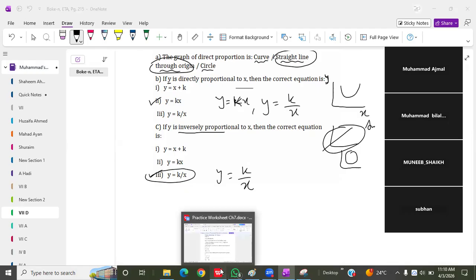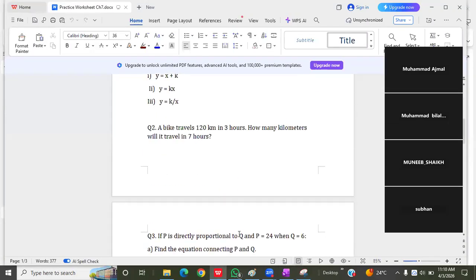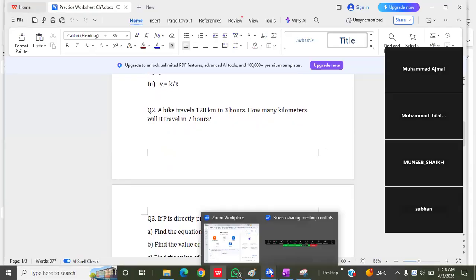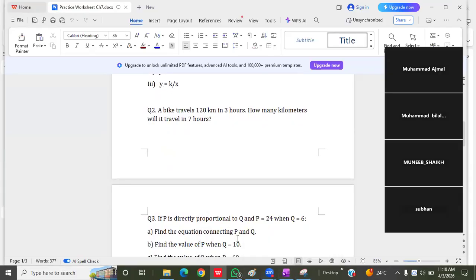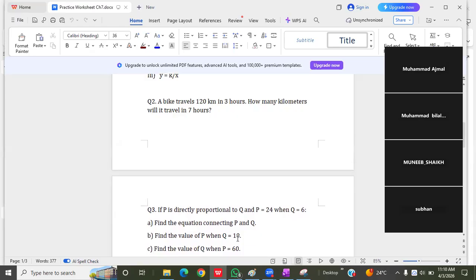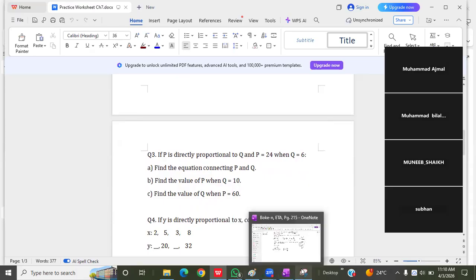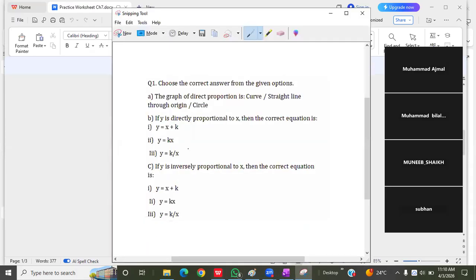Okay, we are taking the other questions. Yeah, question 2 is, I think, mistakenly added in this worksheet.